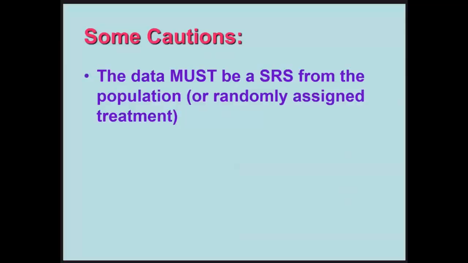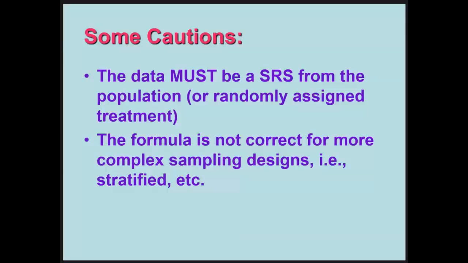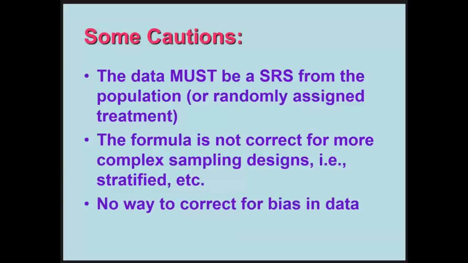And so lastly, a couple of cautions about this student t process, just to be aware of. In order for us to make a valid conclusion, we do have to either be told it's an SRS or reasonable to assume it's an SRS. If you go on to further statistics courses, the formulas get more complicated, and there's no way to correct for bias in data.